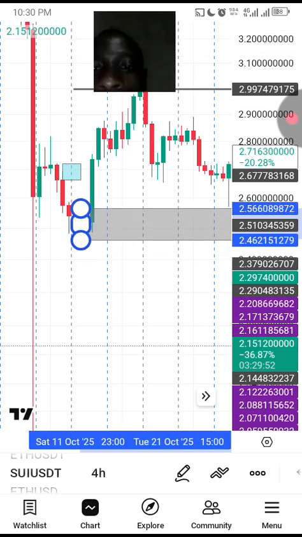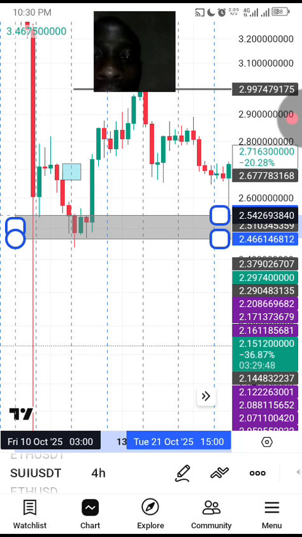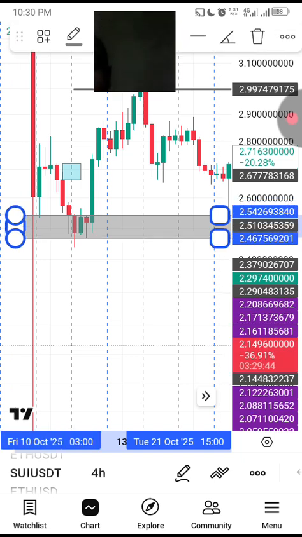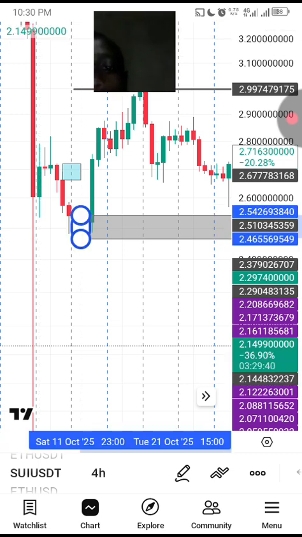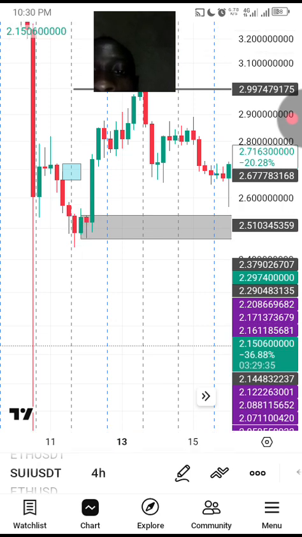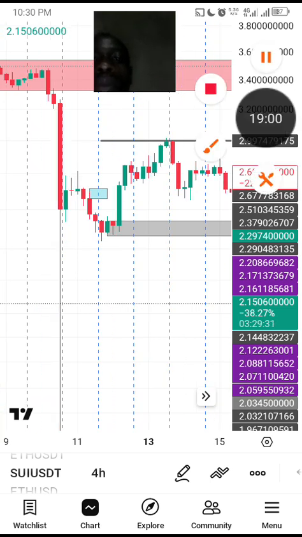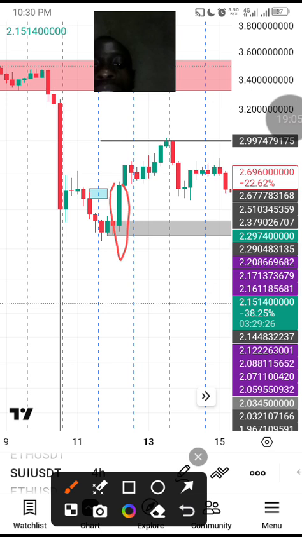I come on this candle that comes, this red candle that comes before. That's where I draw the demand zone, because the big momentum candle was this one.